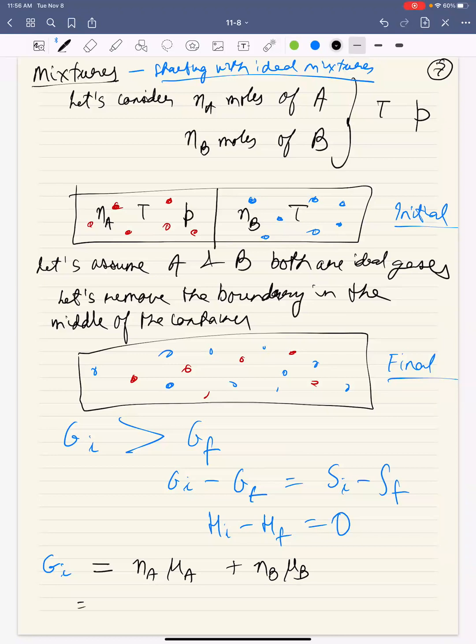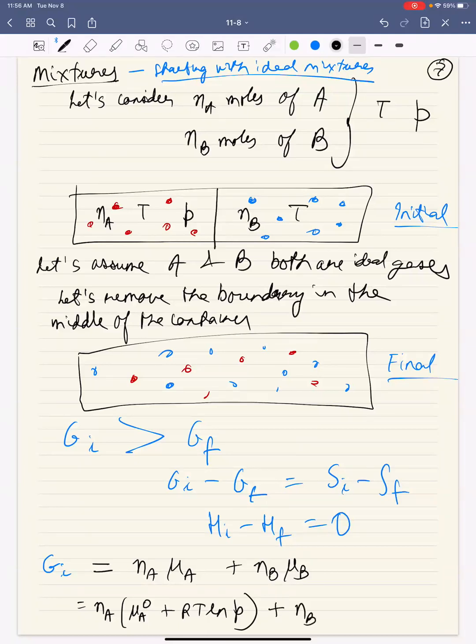We can write mu A as mu A naught, some reference chemical potential, plus RT ln P, right? And we are setting P naught equal to 1 bar for both of them, okay?